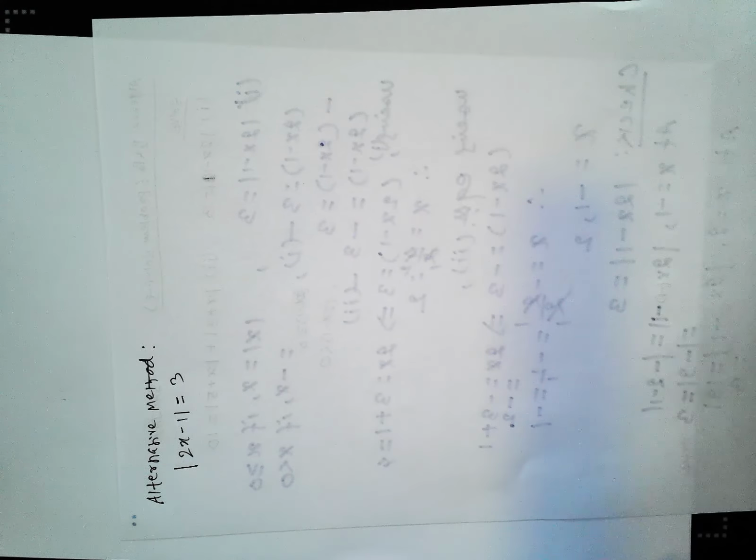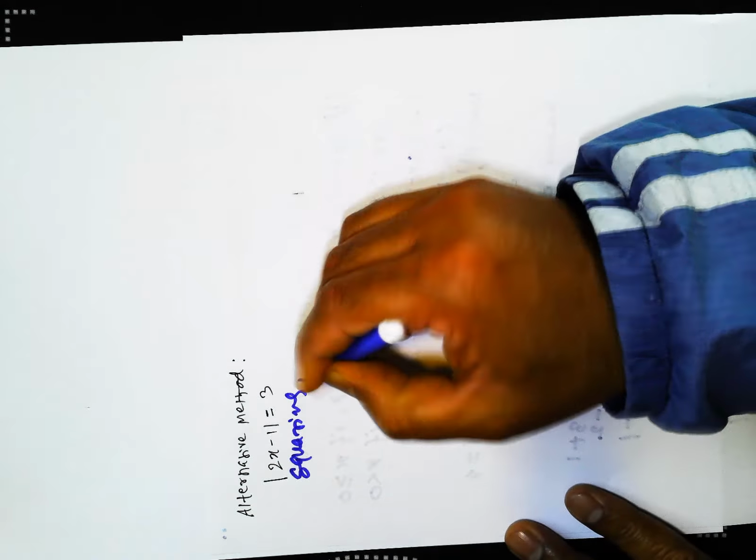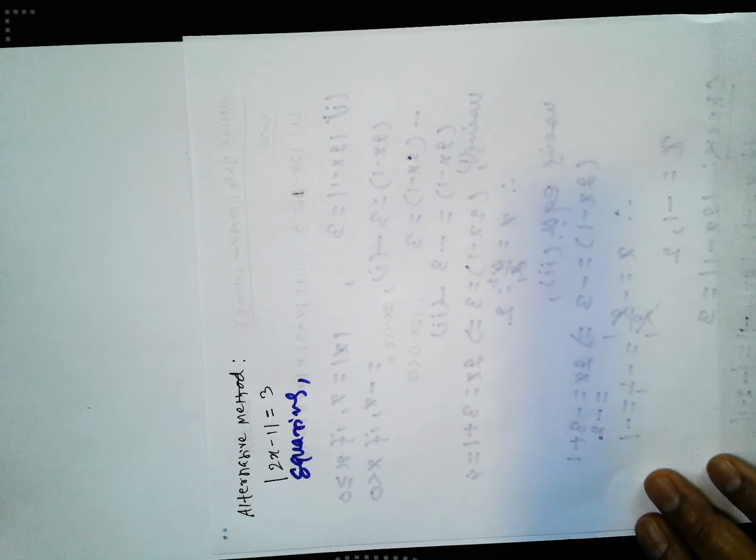So in this case I'm going to square both sides. That means you can write here squaring. I said squaring both sides, but I'm writing just squaring.